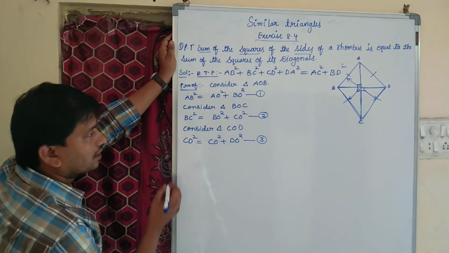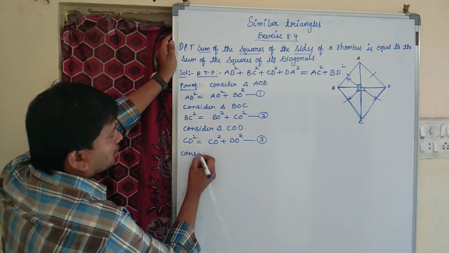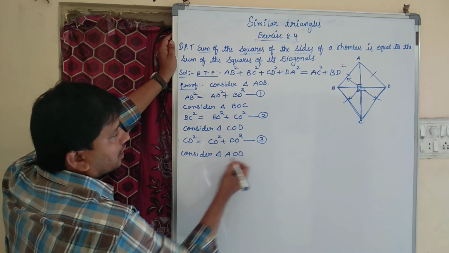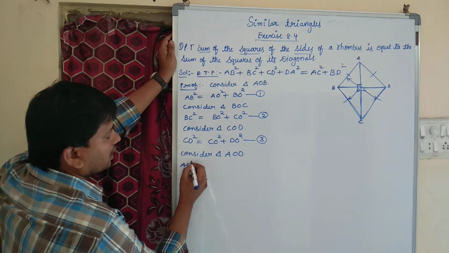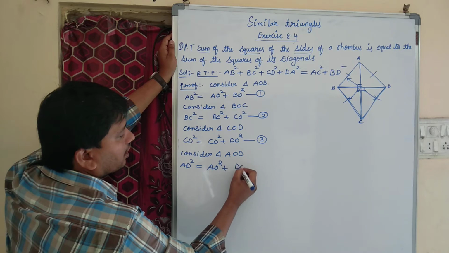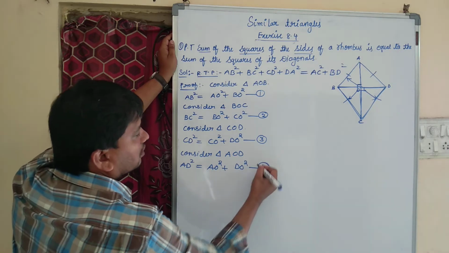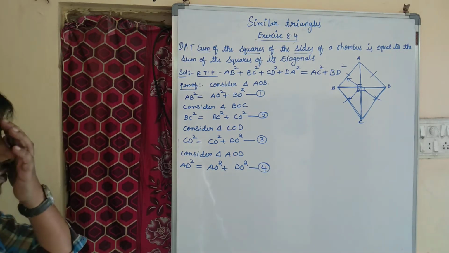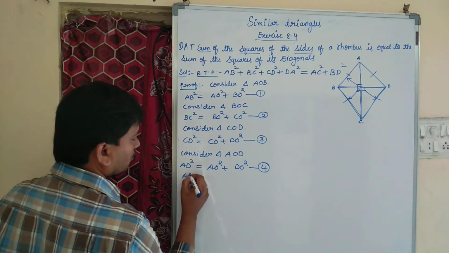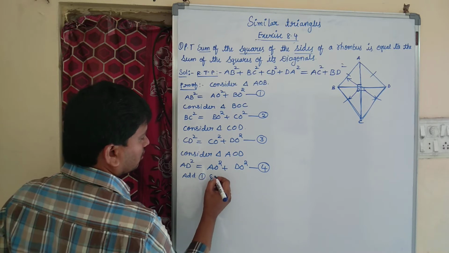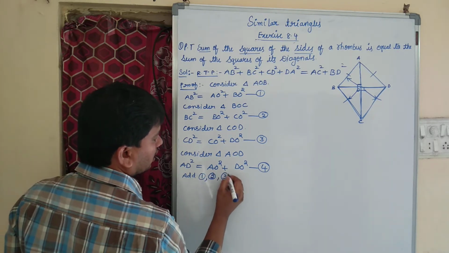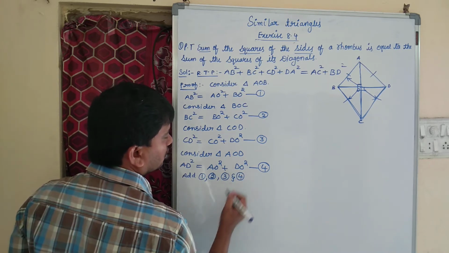Similarly, consider triangle AOD, in which AD is the hypotenuse and the other two sides are AO and DO. This is my equation number 4. As I got 4 equations, add 1, 2, 3 and 4.